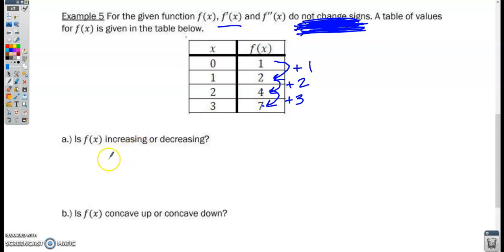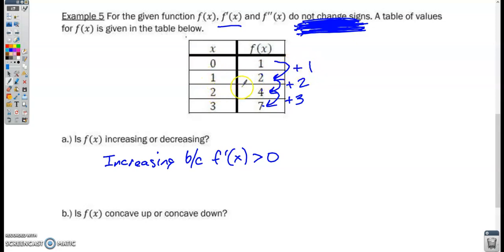Is f of x increasing or decreasing? It is increasing because f prime of x is greater than 0. Okay, and then is it concave up or concave down? So the question becomes, is the derivative, is the slope increasing as x goes by, or is it decreasing? Well, the slope from 0 to 1 averages out at 1 unit.